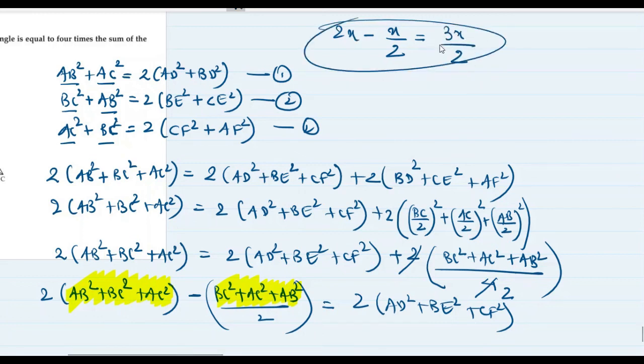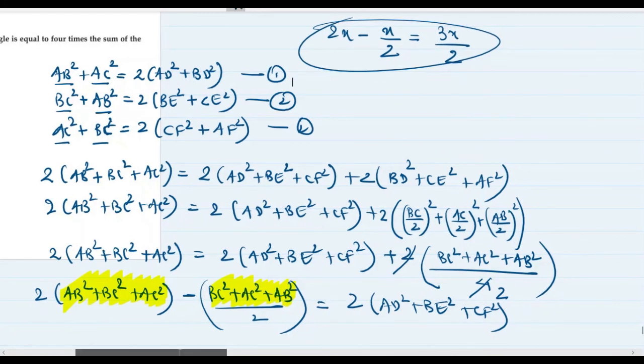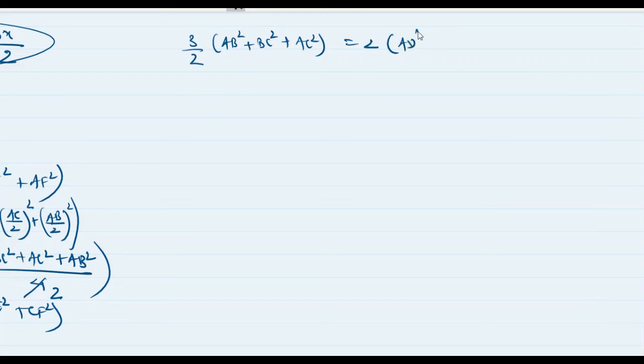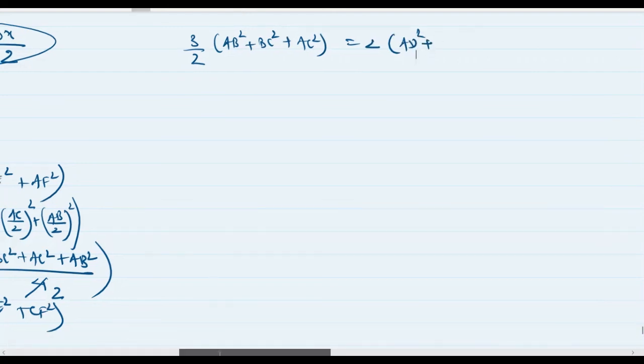So this is the answer, which I'm going to write in a proper way. So 3 by 2 AB square plus BC square plus AC square is equal to 2 times AD square plus, let me check, what do we have?